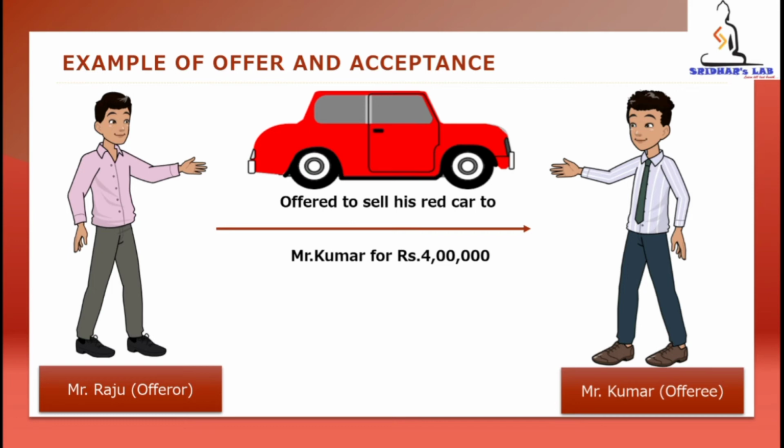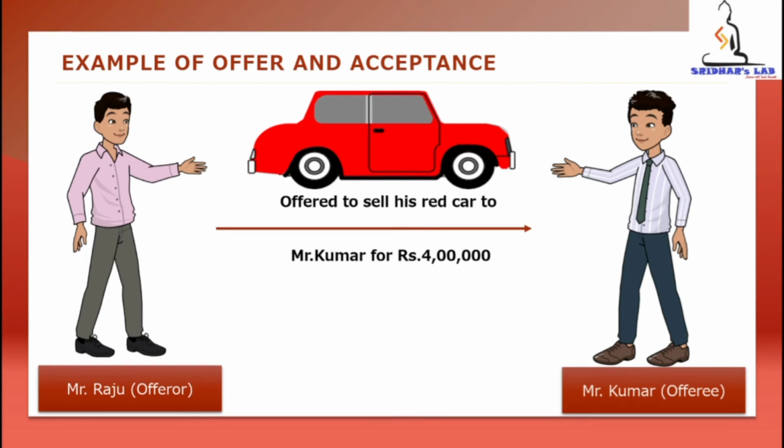So Raju is the offerer, Mr. Kumar is the offeree, and the consideration here is the car and rupees 4 lakh. If Mr. Kumar accepts the offer given by Raju, then it is said to be a promise. A promise is also called an agreement. So an offer followed by an acceptance is considered to be an agreement.